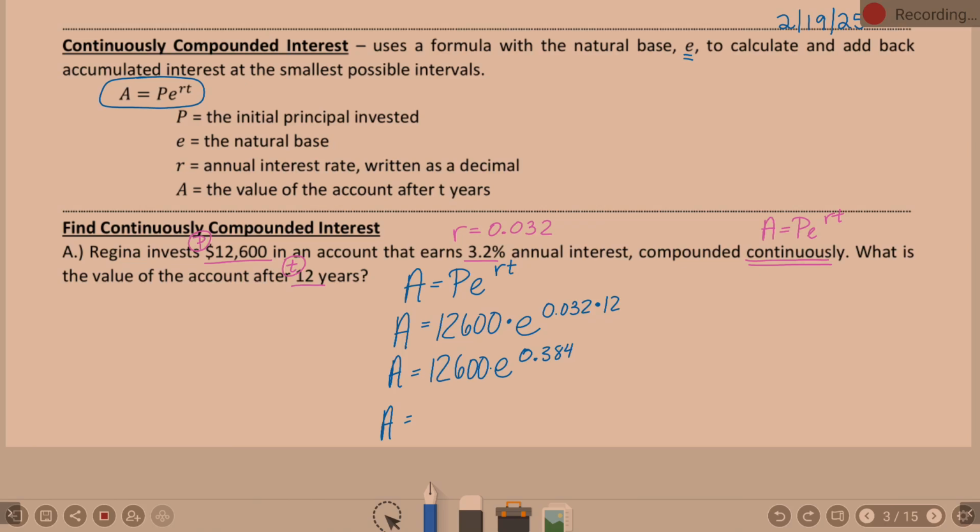From here, it is a plug everything in the calculator. Okay. I would just start by going ahead and doing the 12,600. You don't even have to use the times button. Now, E. Did you find a location for E on your calculator? Yes. Okay, it's going to be there somewhere.